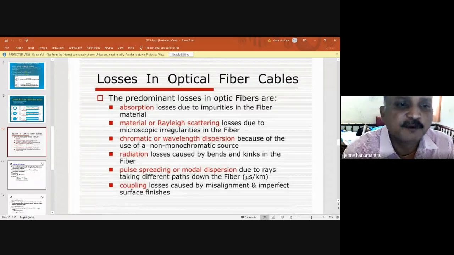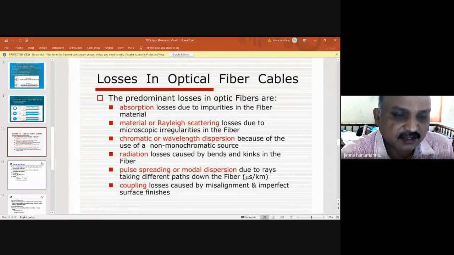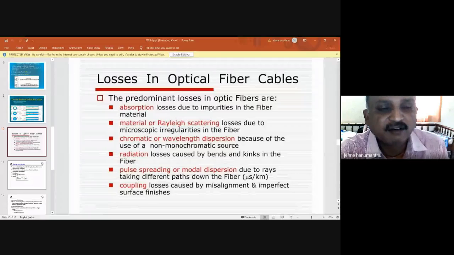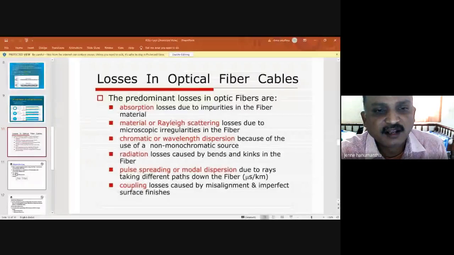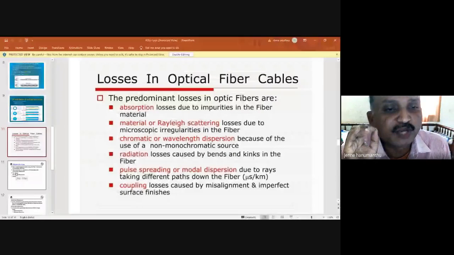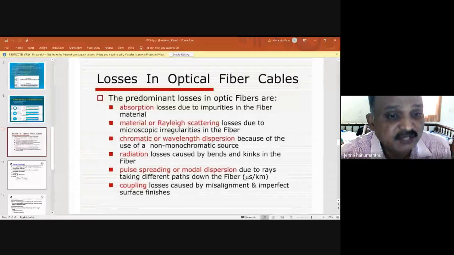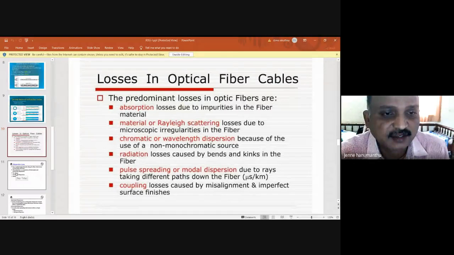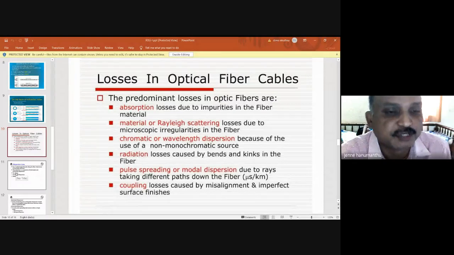Say for example, we send a 1 millisecond pulse on the input side. But after the transmission, at the end, you cannot receive a 1 millisecond pulse. You are going to receive maybe a 1.2 millisecond width of pulse.